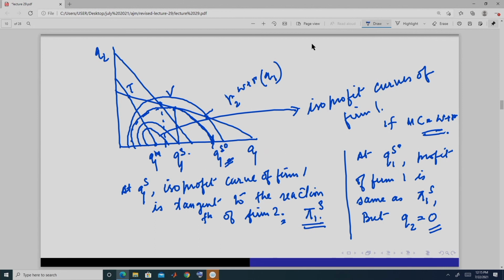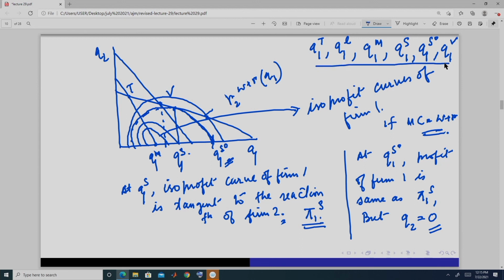So, we have defined these outputs Q1T, Q1L, Q1M, Q1S, Q1S0 and Q1V. Okay.